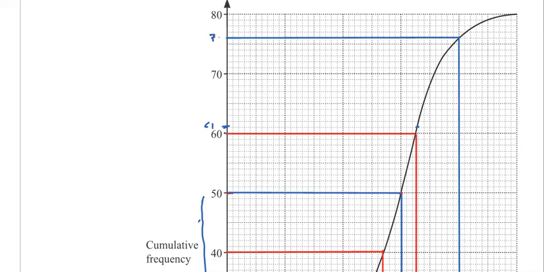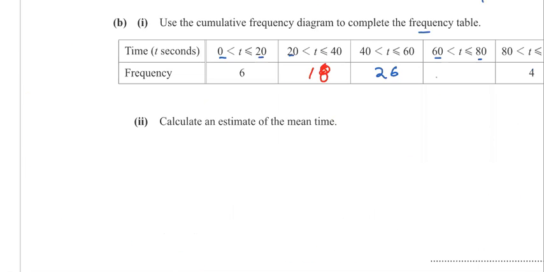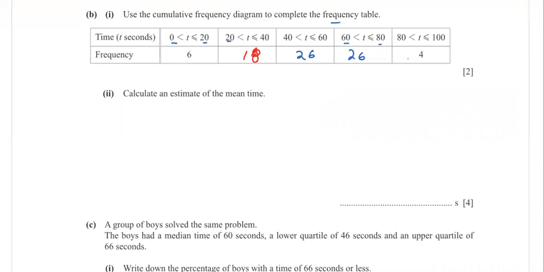This is 70, and 1, 2, 3, 4, 5, 6, so 76. Between 76 and 50, the total is 26. So in this way, we completed this frequency table.